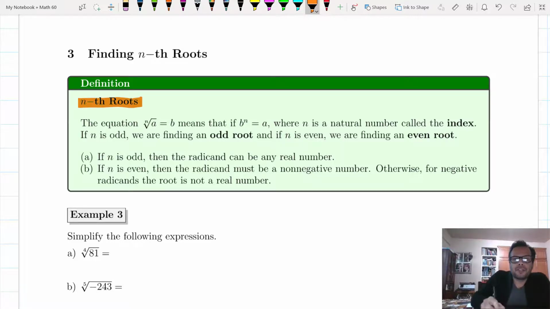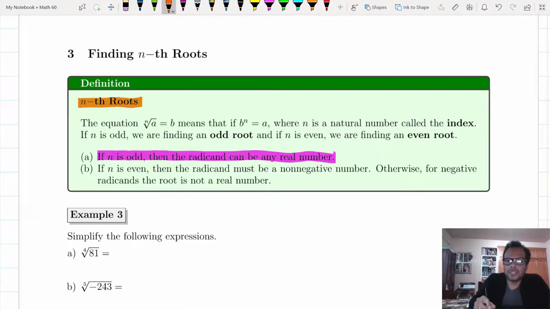The number one thing to keep in mind is that if n is odd, that is, if we're looking for the cube root, or the 5th root, or the 7th root, or the 9th root, the radicand, the number inside of the radical, we can have any number inside: positive, negative, 0.